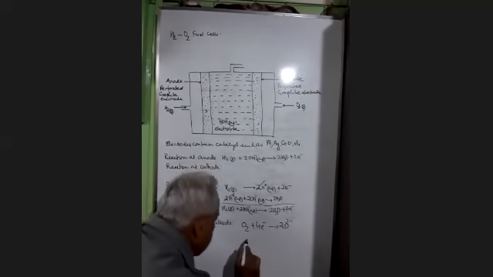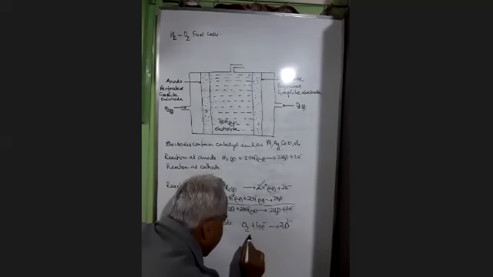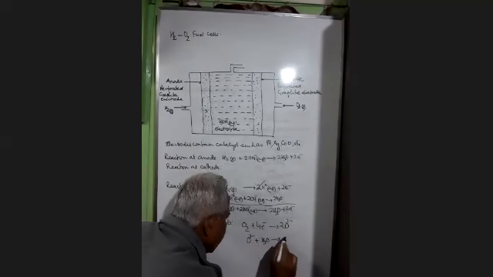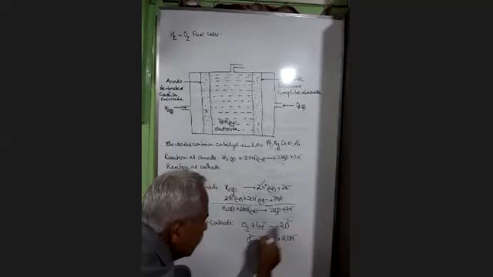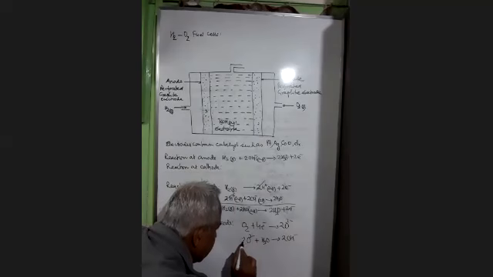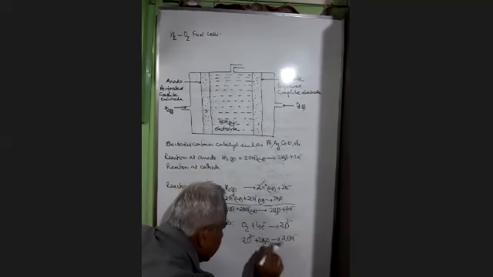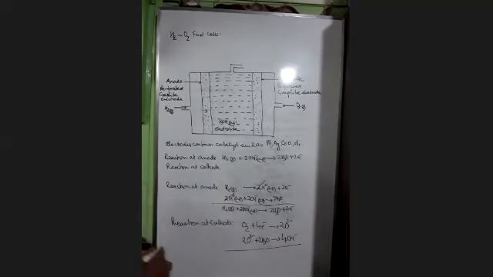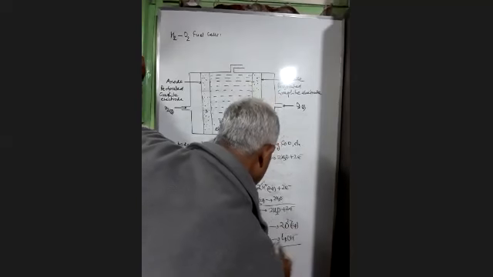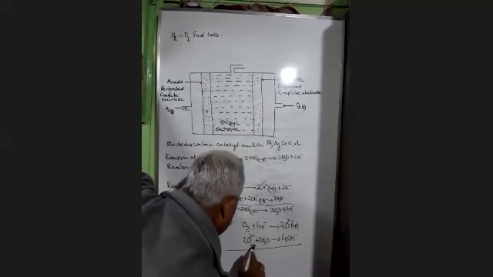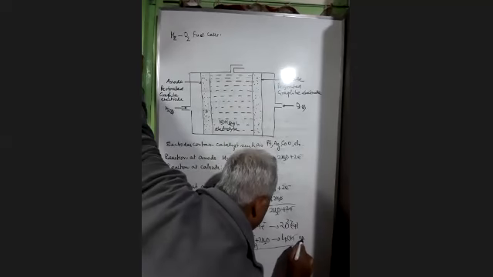Now O2 minus combines with H2O to give us 2OH minus. How many are there? 2. So if I write 2, then I have to write here 2. Then I have to write here 2. Aqueous.